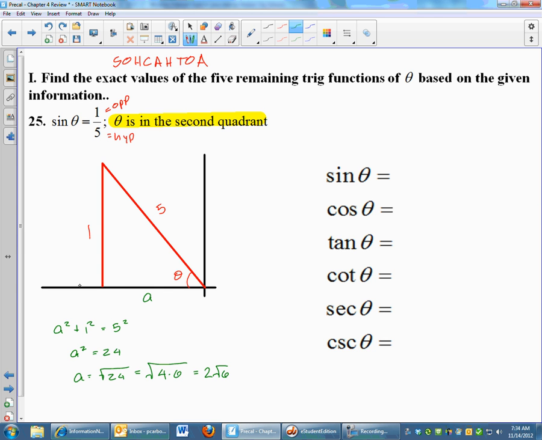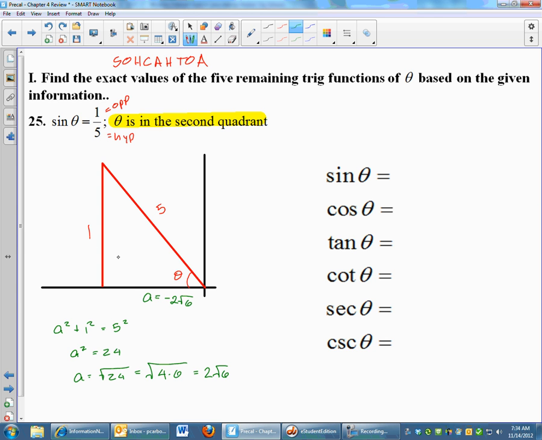I'm going left on my x-axis. So while the length is 2 root 6, my A is actually negative 2 root 6 because I traveled left. If I traveled left and down, then my other side would be negative as well. In this case, I went left and up. Going up is a positive y change, so we'll keep a positive 1 for the opposite side.